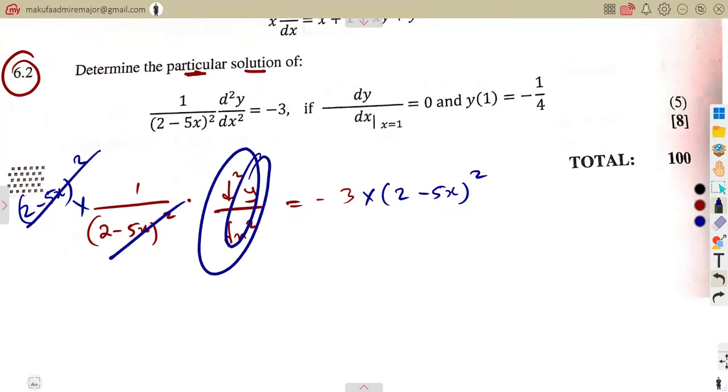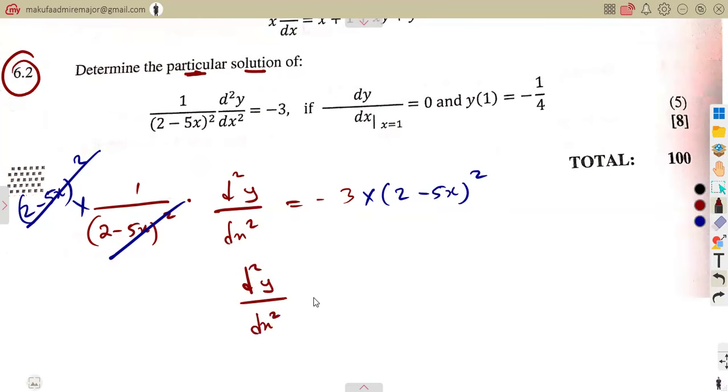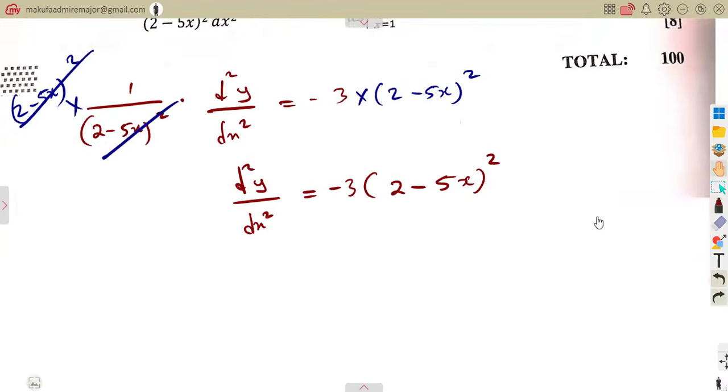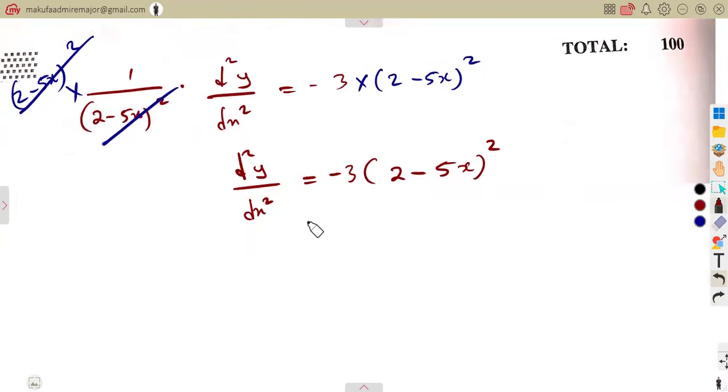So the second derivative of y with respect to x is equal to minus 3 into the bracket of 2 minus 5x squared. This can be expanded. Either you use the bracket of a minus b squared, or you open 2 brackets, there you expand.